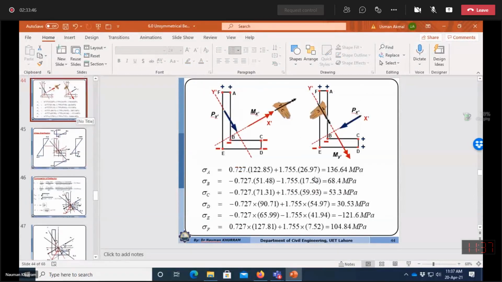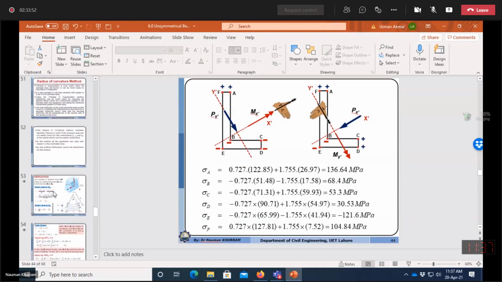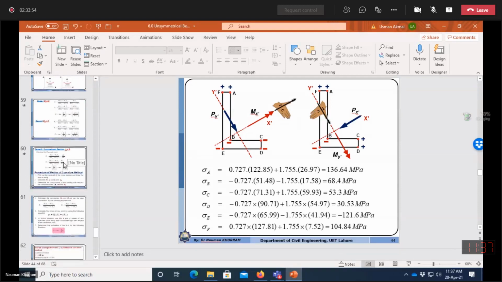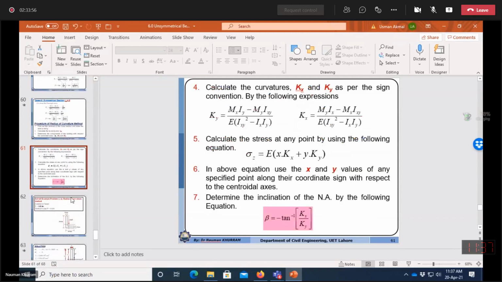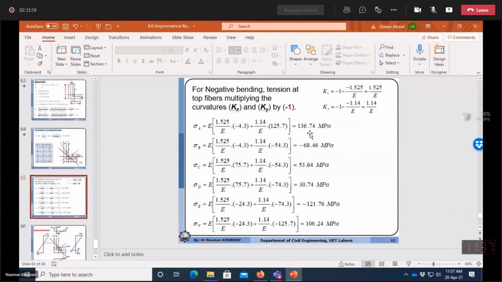Like here, sigma A 136.64, sigma B minus 68. There might be some rounding error only. So minus 136 and minus 168.